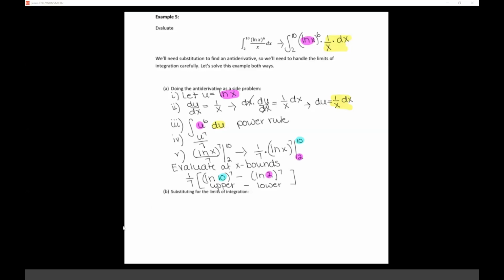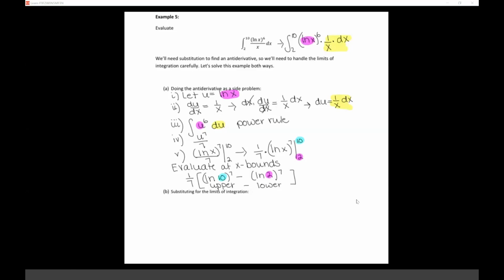This is something you would want to do on a calculator to get a number. So you'd have 1/7, and then parentheses, ln 10 in parentheses.